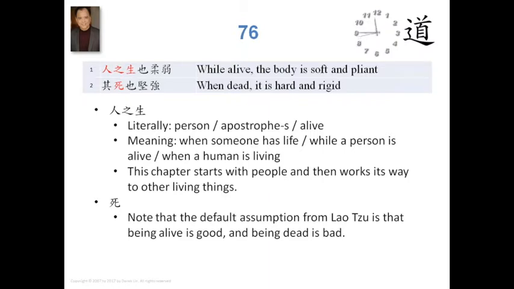Just accept that in the Tao Te Ching, whenever you get to a reference about someone who's living, who's surviving and thriving, carrying on, that's a good thing. The reason is because when you are alive, you have possibilities. You can do things. You can make changes happen.